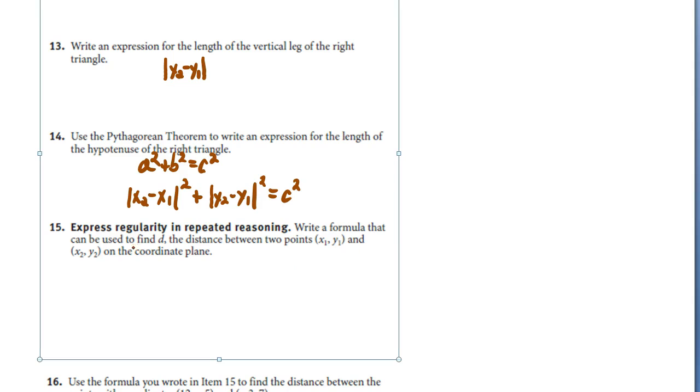Now question 15. Write a formula that can be used to find the distance, D, between 2 points on the coordinate plane. We're going to take that result, and this time instead of leaving this as C, it tells us specifically to use the letter D for that distance. So we have distance equals.